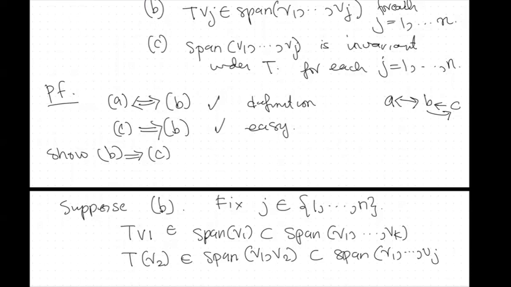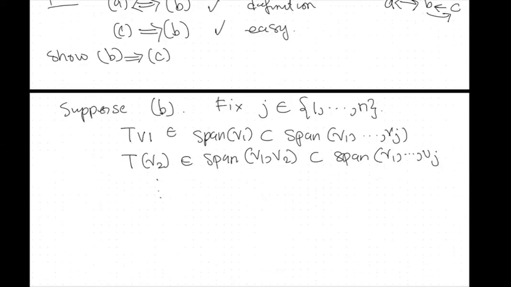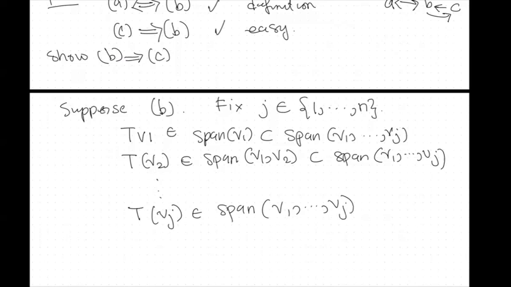This continues up to T of Vj, which is in the span of V1 up to V sub j. In this case, there's no more inclusion because we have already exhausted the V sub j's.